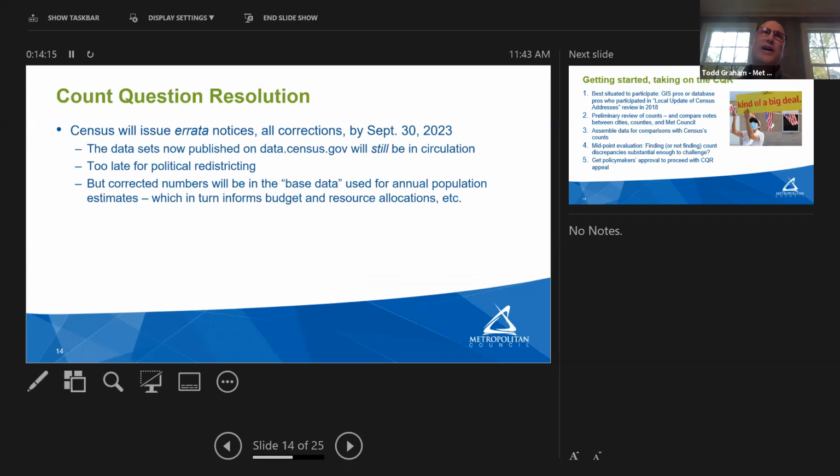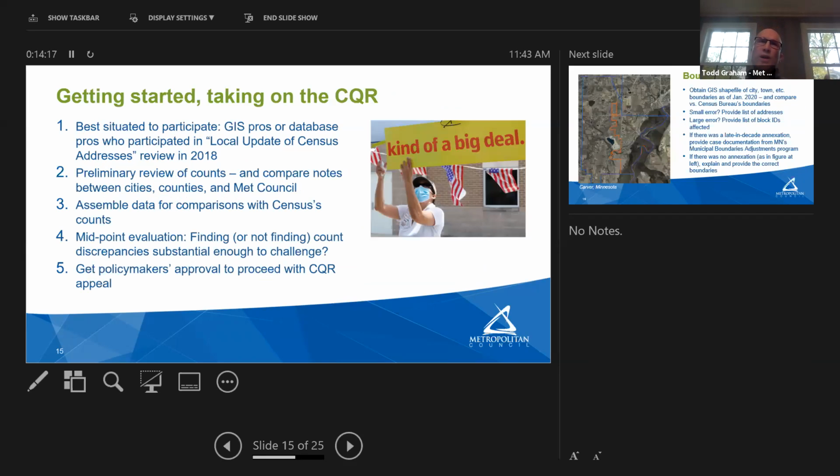Let's skip this slide just in the interest of time. I've said this is a due diligence and accountability operation. If you are a GIS pro with a local government, I recommend that's how you wade into this. Wade in, evaluate the housing counts and group quarters counts with an eye toward spotting problems, problem identification.